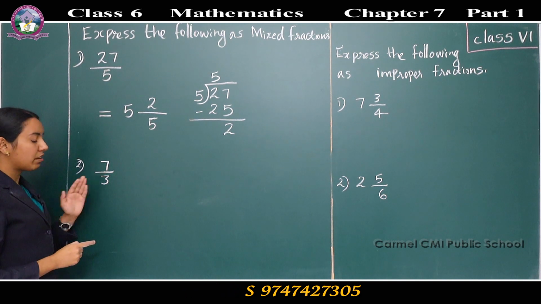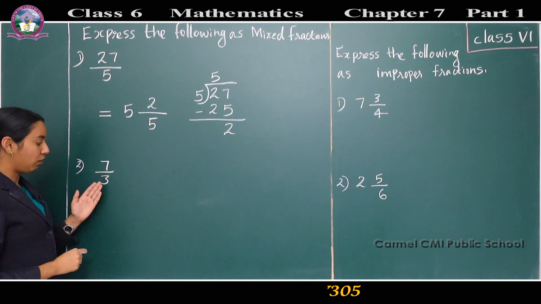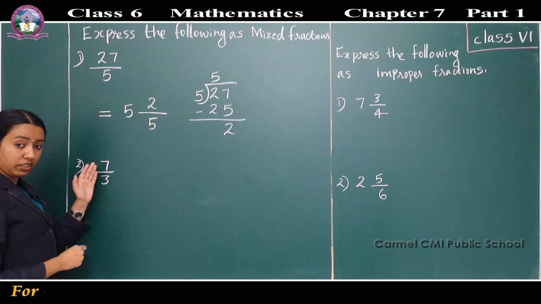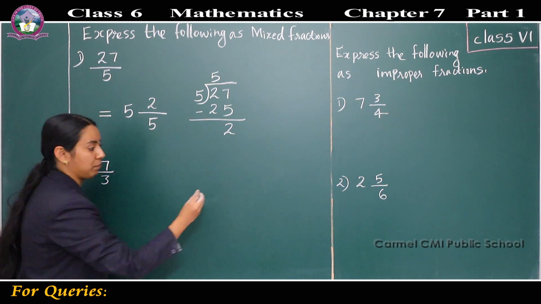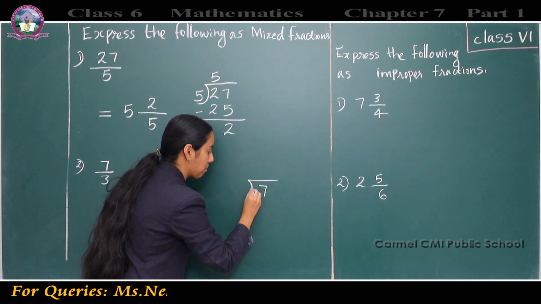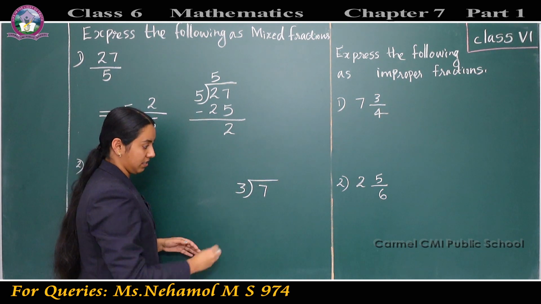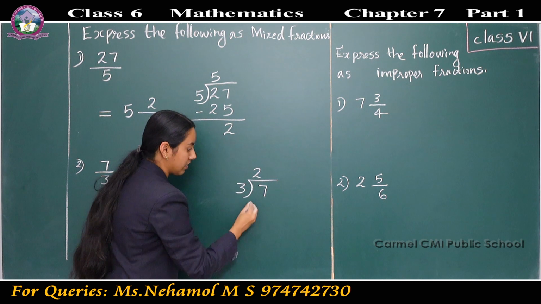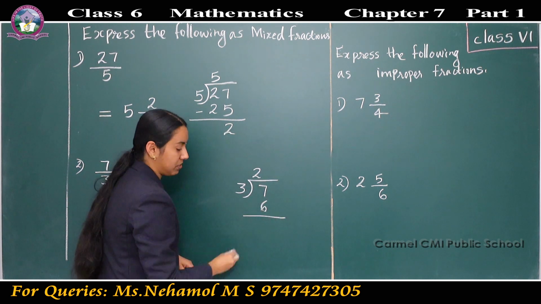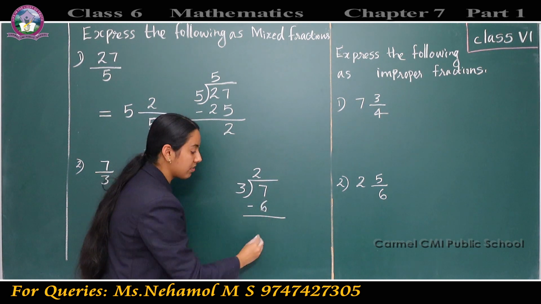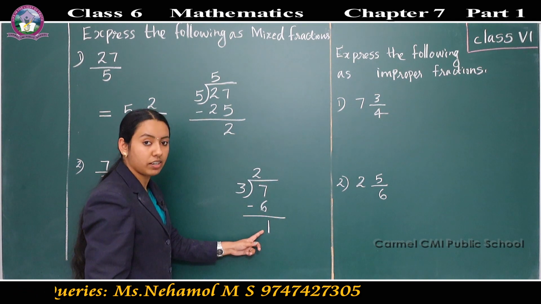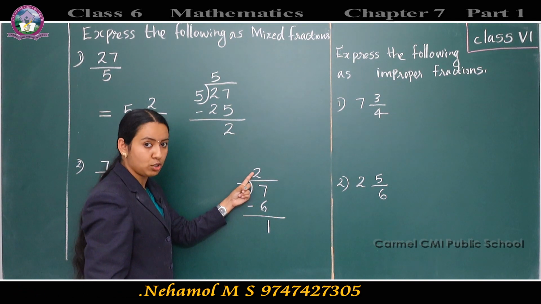Next question, 7 by 3. We have to convert this to a mixed fraction. 1 3 is 3, 2 3s are 6. So we have to take 2. 2 3s are 6. Subtracting 7 minus 6 is 1. We got remainder as 1, quotient as 2.